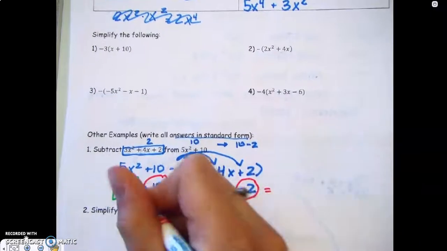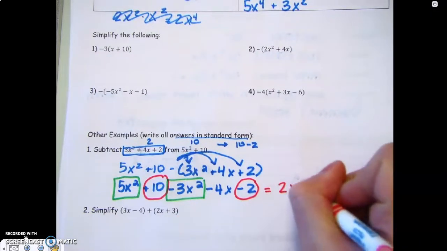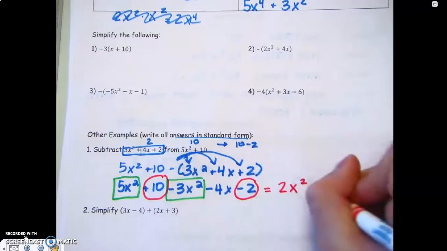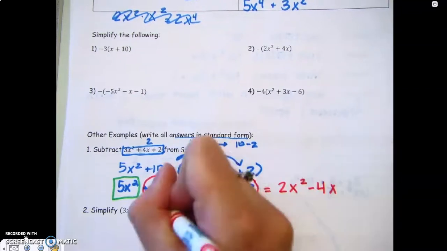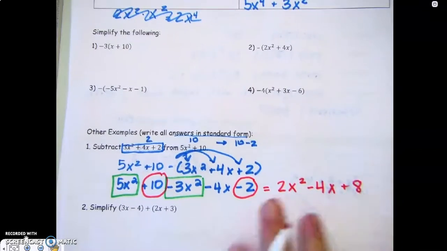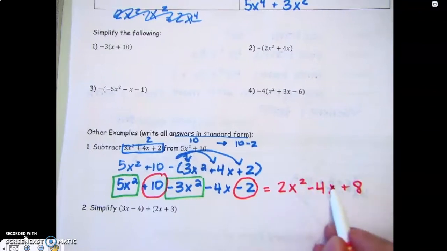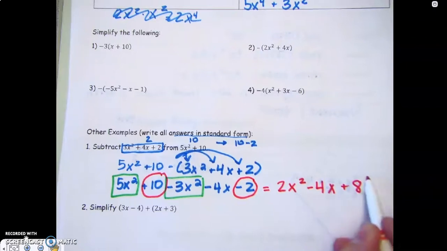So this is equal to 5 minus 3, which is 2x squared. I can't do anything with 4x, and 10 minus 2 is 8. And this is in standard form because my exponents are decreasing. My highest exponent is in front, the next is there, and then my number without an exponent is at the end.